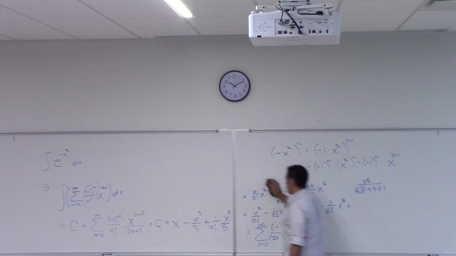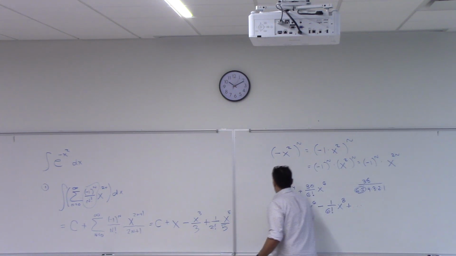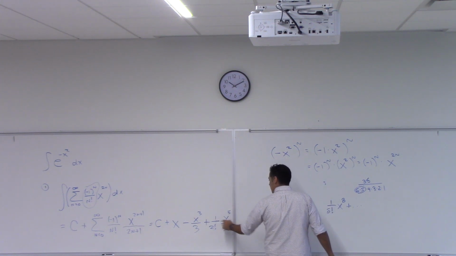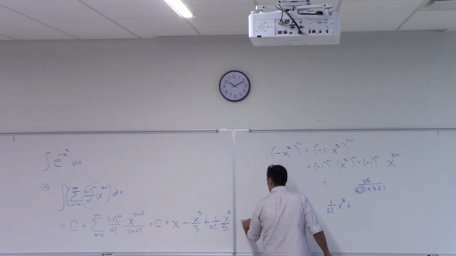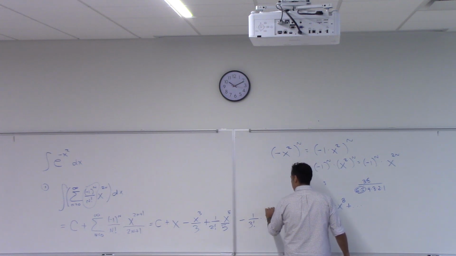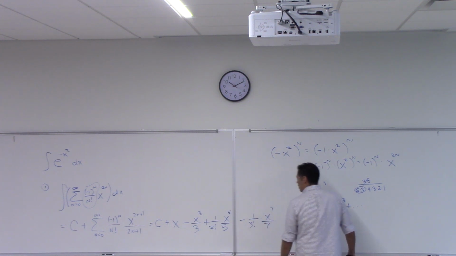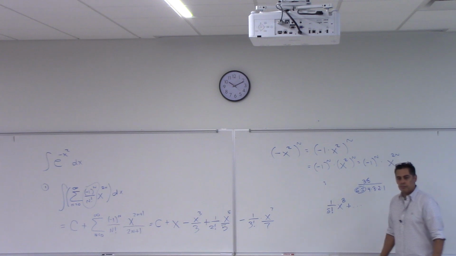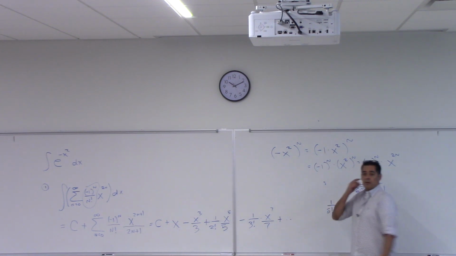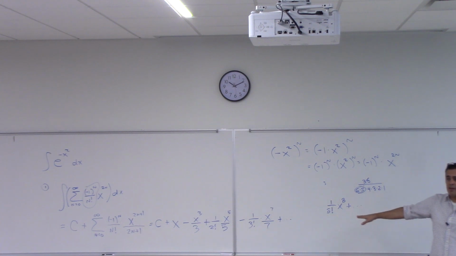I'll do 2 more on this. What would the next one be? Plus or minus? Minus 1 over, where are we? 3 factorial, x to the 7th over 7. I'll stop there. Plus dot, dot, dot. That's the antiderivative of e to the negative x squared.